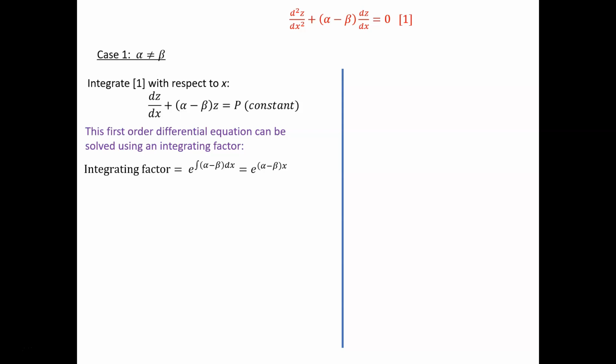The integral of alpha minus beta is simply (alpha minus beta) times x, so the integrating factor is e to the (alpha minus beta)x. Multiplying the equation through by the integrating factor gives me e^((alpha minus beta)x) lots of dz/dx, plus (alpha minus beta) times e^((alpha minus beta)x) lots of z, equals p times e^((alpha minus beta)x).